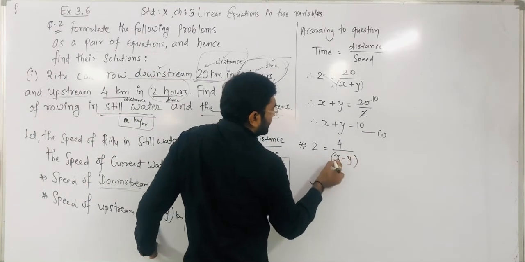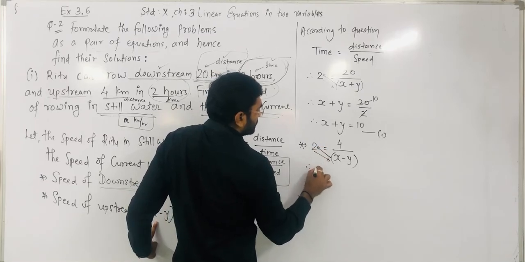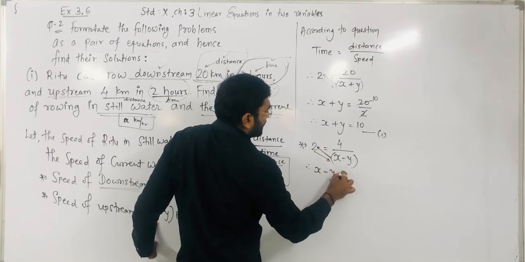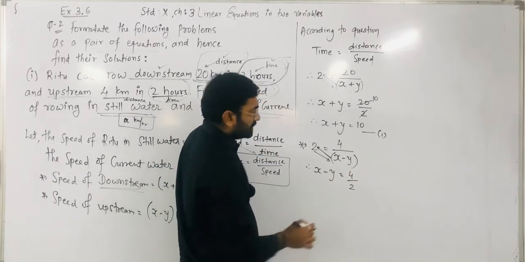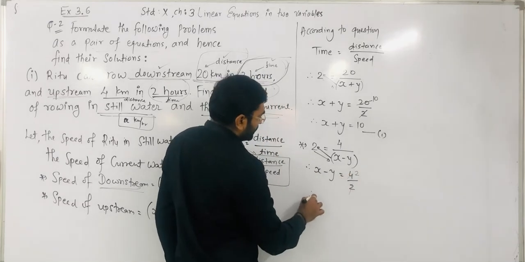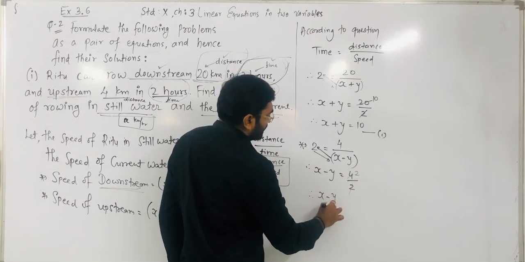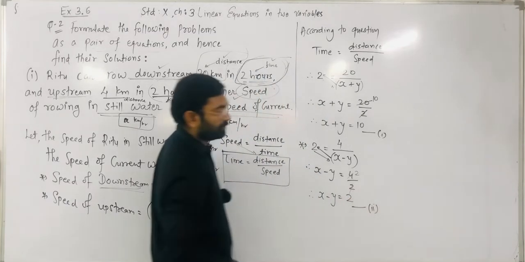So x minus y is equal to 4 divided by 2. Two twos are 4. So we get x minus y is equal to 2. This is our second equation.